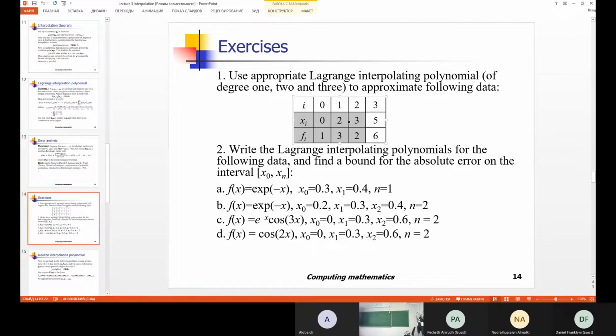Here 3x squared minus 9x, but here you get minus 6. So you should write here minus 3x plus 6, 2x minus 4. This is a mistake, you forgot this minus.